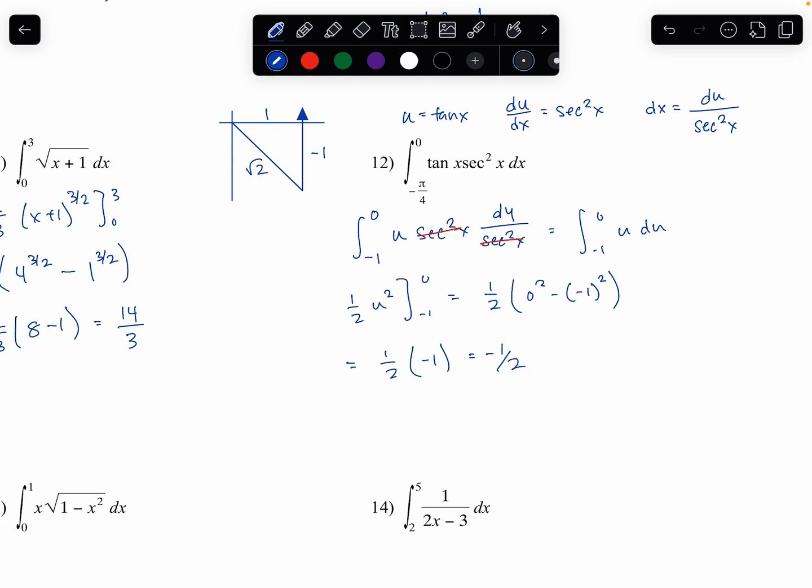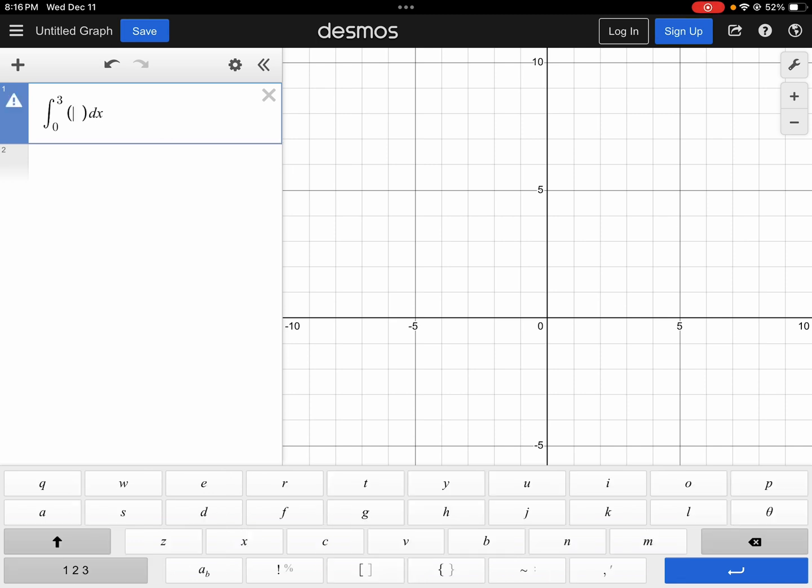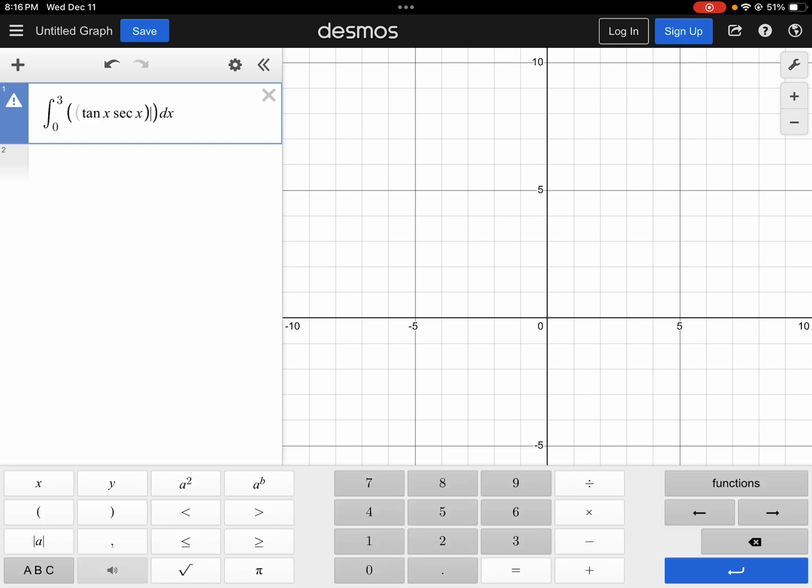Let's check it. It was tangent of x, and then secant of x, that was squared, right?